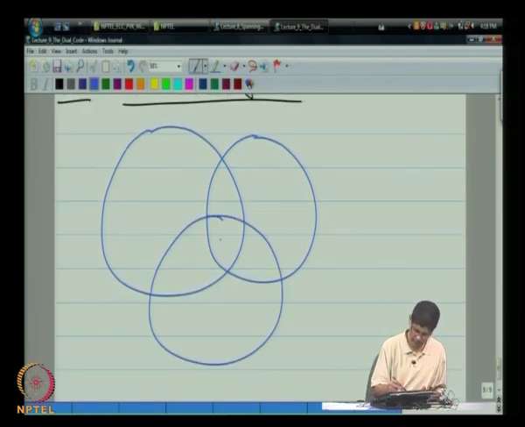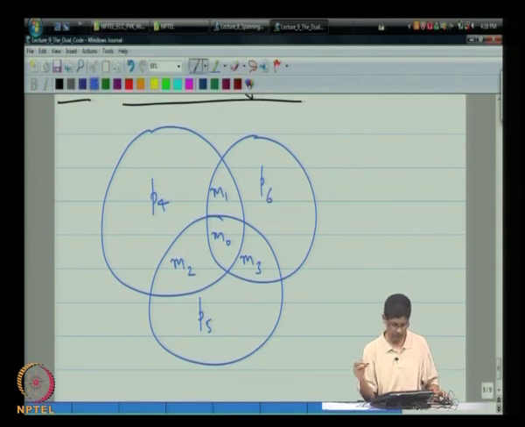And the symbols are M0, M1, M2, M3, and you have the parity check symbols P4, P5 and P6, right.